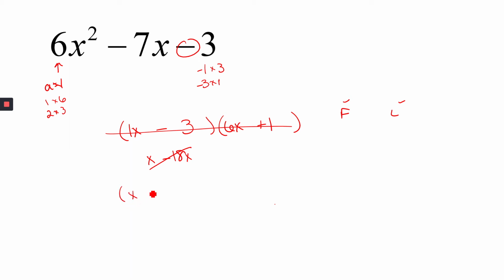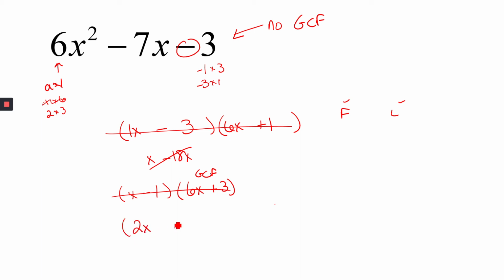If I just switch those, x minus 1 or 6x plus 3, something like that, if you'll notice, this would have a GCF in that factor. But if you go back up here, there's no GCF. So because there's no GCF in the original problem, I know that I'm never going to be able to factor out a GCF from one of my factors. So my guess is that 1 and 6 is not going to work.